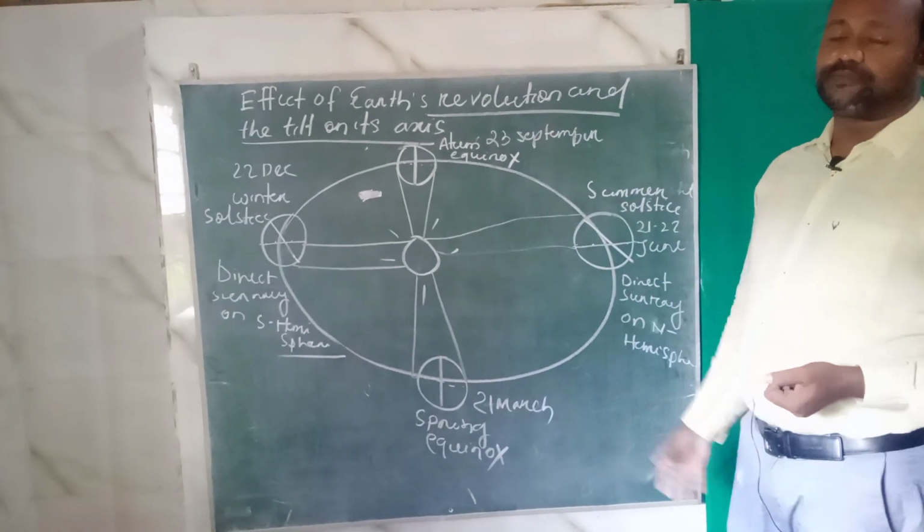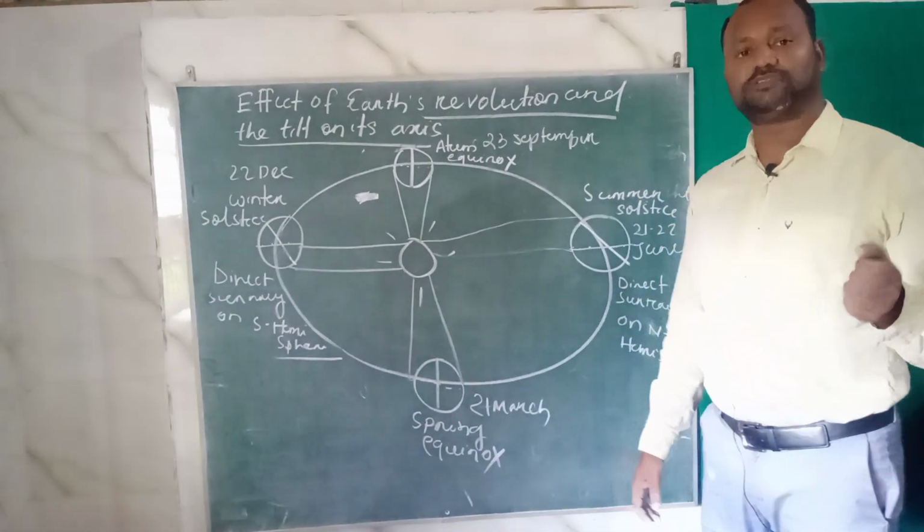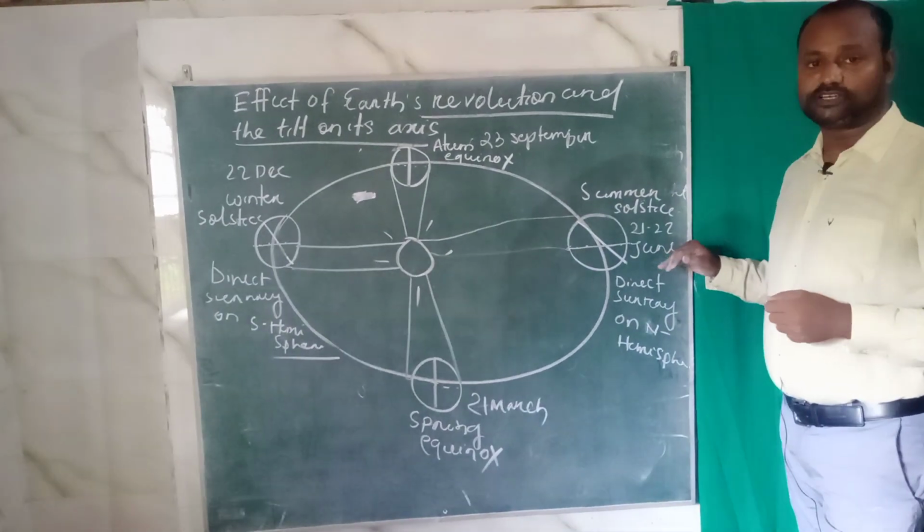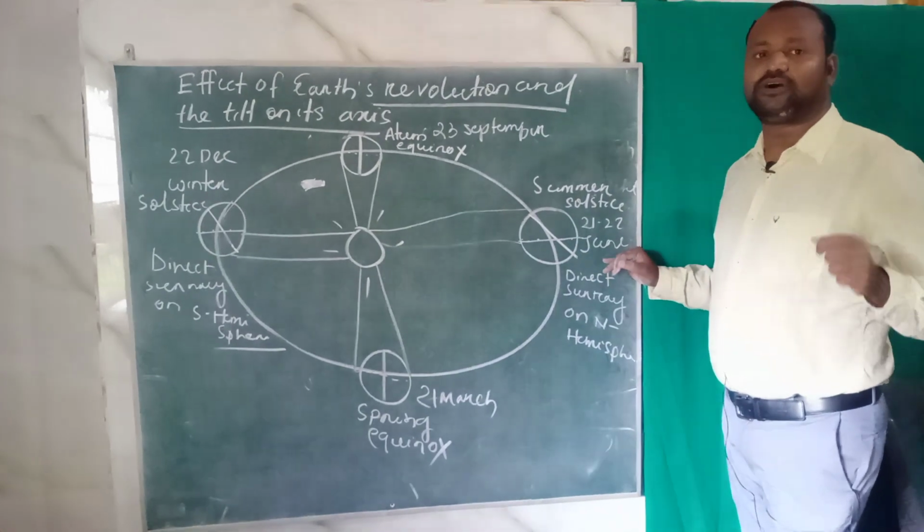It is just because of the revolution of the earth and the tilting of the earth's axis. So this is the summer solstice day, when we have the longest day.